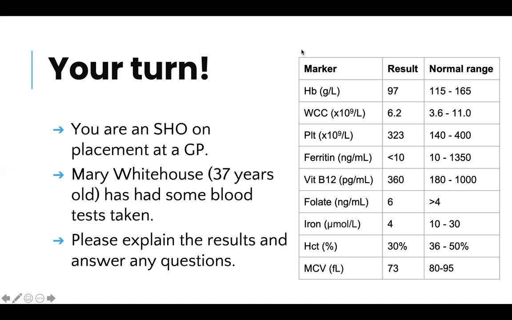And the next step, we would be looking at the MCV, the mean corpuscular volume. Is that low or high? MCV is right at the bottom, so it's low, which would go with a microcytic or an iron deficiency anemia. And we're looking at the iron levels. So iron is 4 when the normal range is 10 to 30. Great.